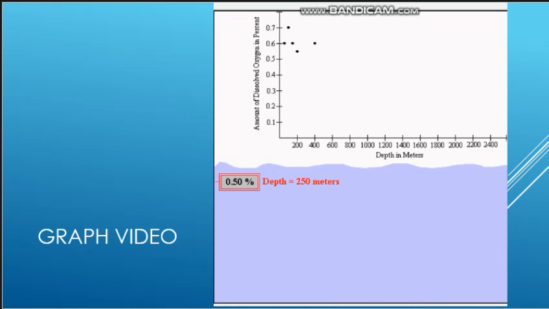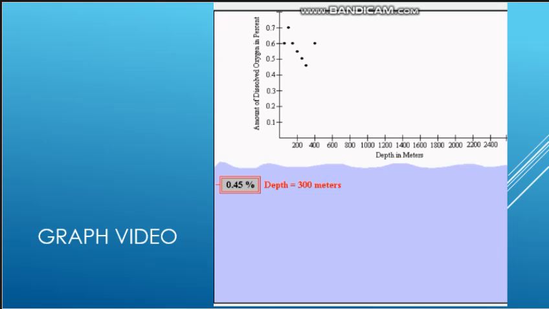So the next depth is 250 meters. When we go there, we find that the amount of dissolved oxygen is 0.50%. So we find 250 meters on the x-axis and 0.5% on the y-axis, and we put our point there. The next depth is 300 meters, and we find that the dissolved oxygen there is 0.45%.